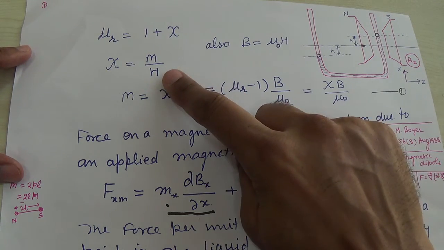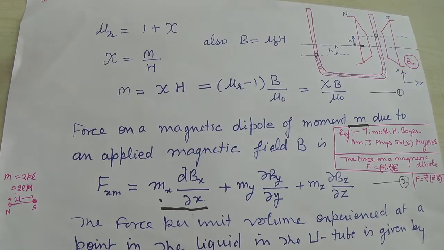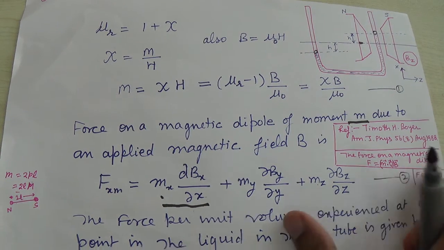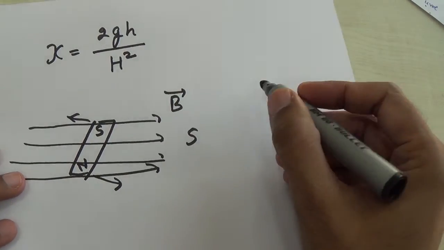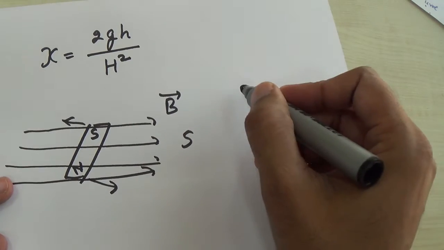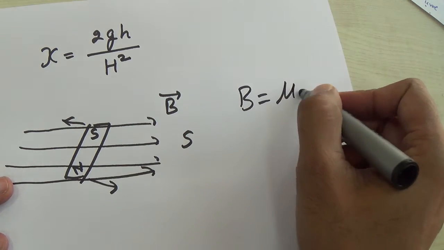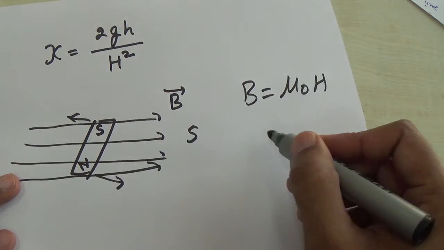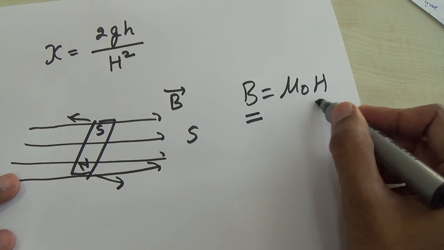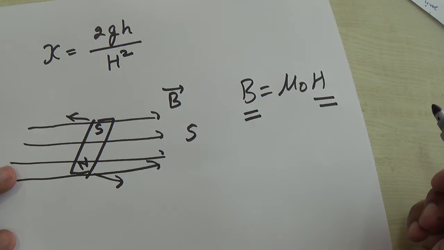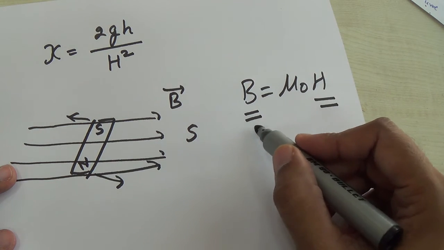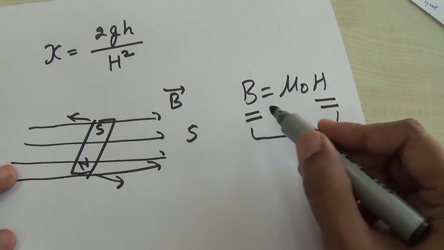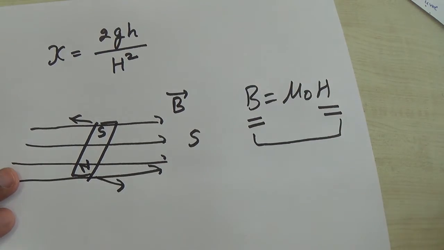Here this H is related to B: as you know, B is equal to mu naught H, where B is the magnetic field density and H is the magnetic field intensity. So these two are related by this relationship.